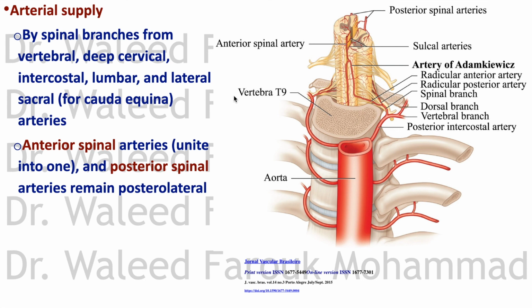The blood supply of the spinal cord: remember that we talked about the spinal arteries that divide into radicular arteries to supply the different regions of the spinal cord, and that the anterior spinal arteries united into one, while the posterior spinal arteries remained two on the posterolateral part of the spinal cord.